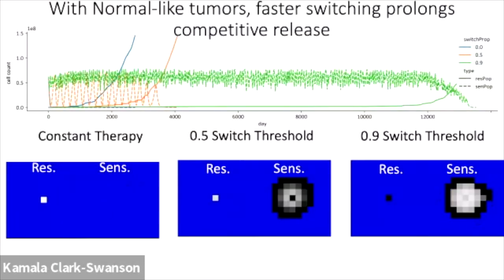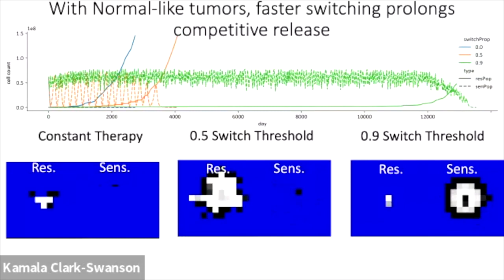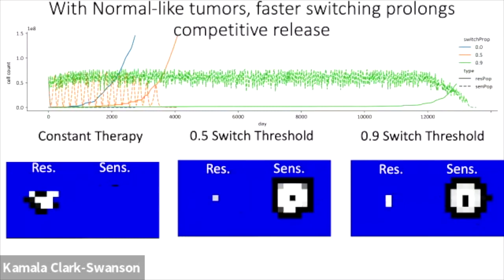I'm comparing the constant therapy on the left, the 50% switching threshold in the middle, and the 90% switching threshold on the right. Blue on the top is constant therapy, orange is the 50% threshold, and green is 90%. You can see that under these assumptions, the 90% threshold does much better in the normal-like tumor case.